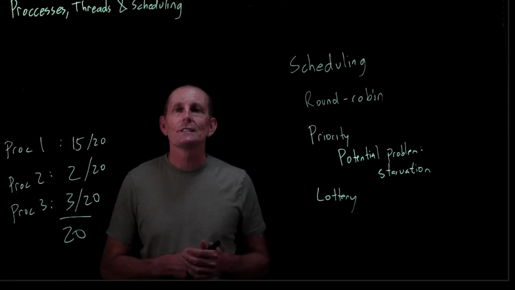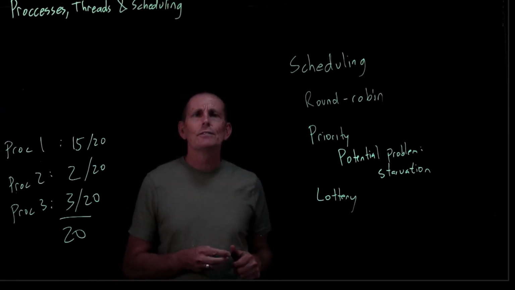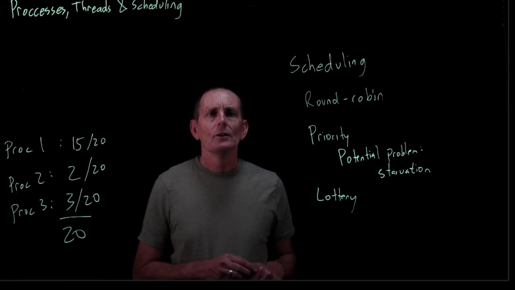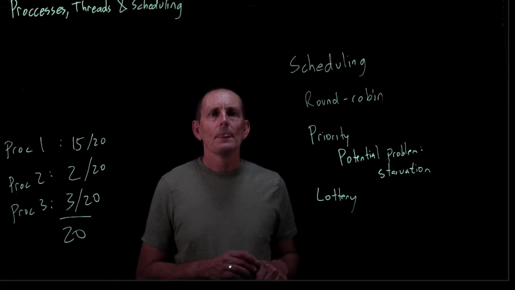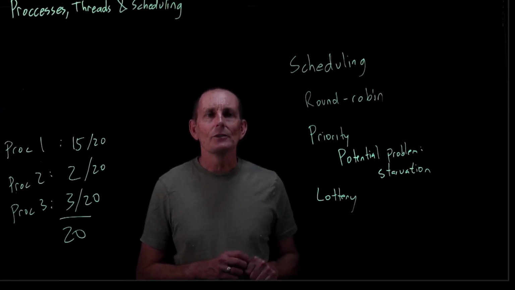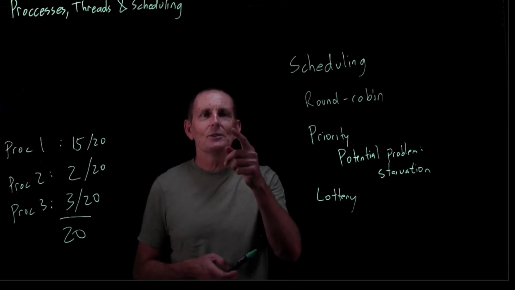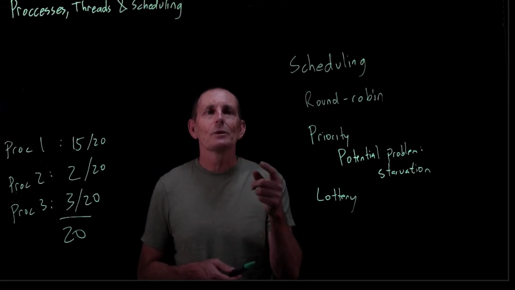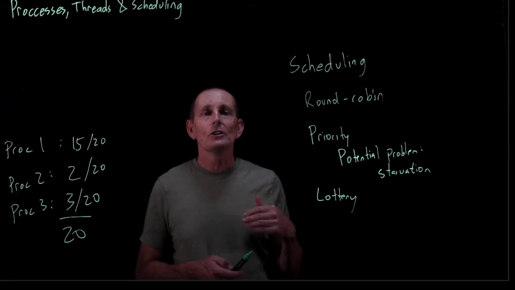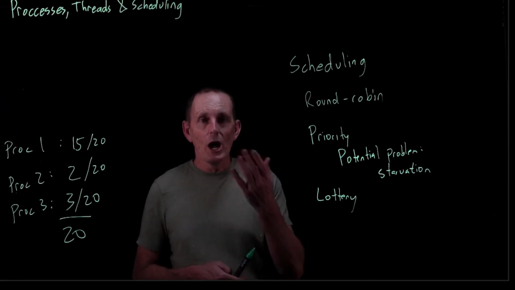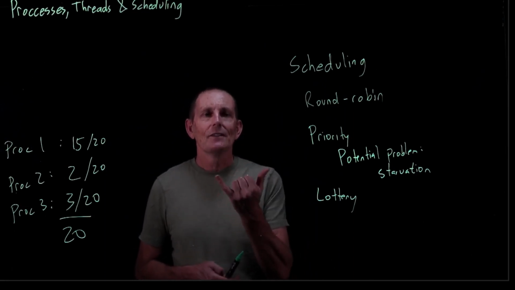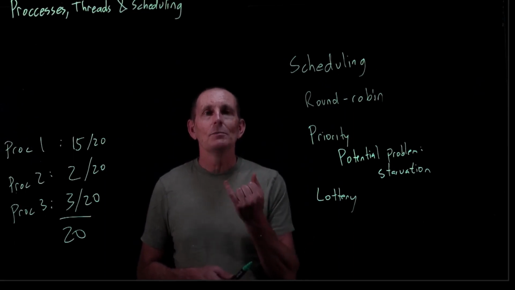Other scheduling you could do, for instance, if you've got a process that is I/O bound, so it does a little bit of CPU and then it issues an I/O request and is waiting for I/O. That might be something you want to run more often than something that is more CPU bound.